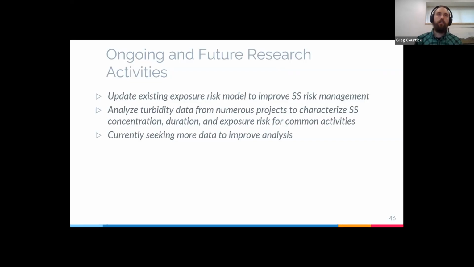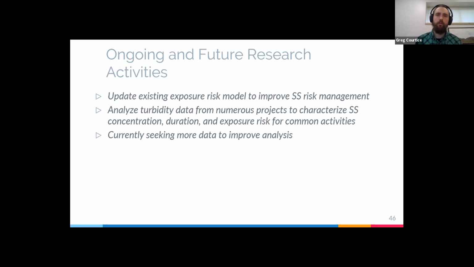So currently, where this research is going is I'm about a few months away from publishing an update to the existing exposure models using a probabilistic framework, so we can better improve the suspended sediment risk assessments and management, trying to better understand that relationship between concentration and duration.